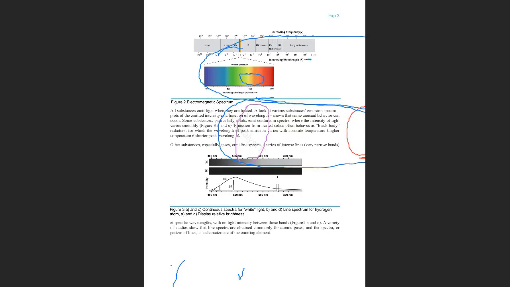So one of the things that you will have to do is to recognize different light sources as continuous or discrete.